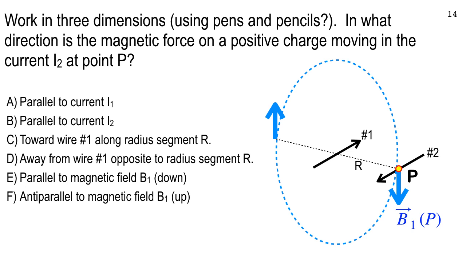V cross B. V is the velocity. No, it's the direction of the current. That's the direction of the moving charges.